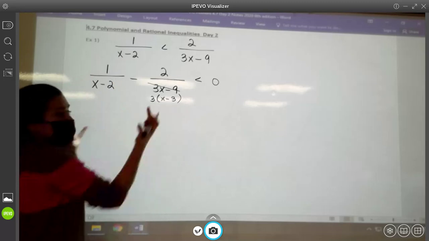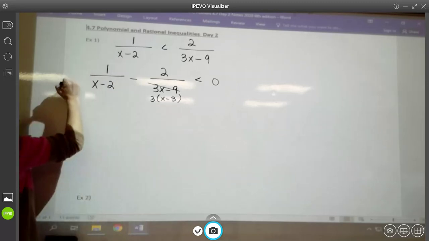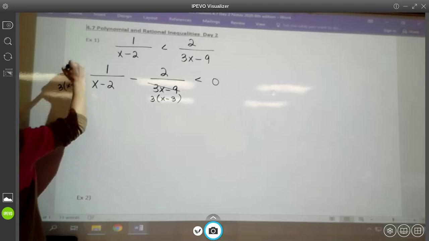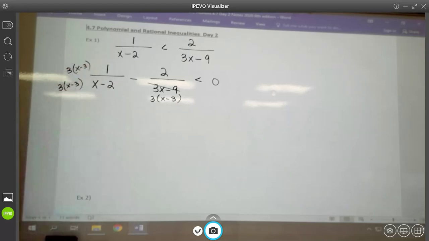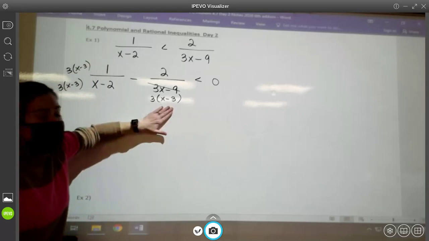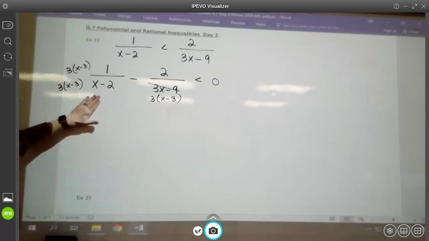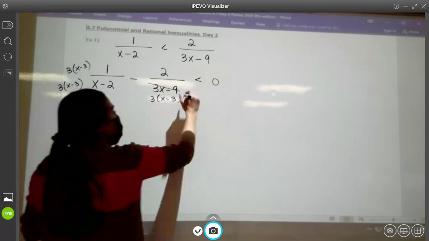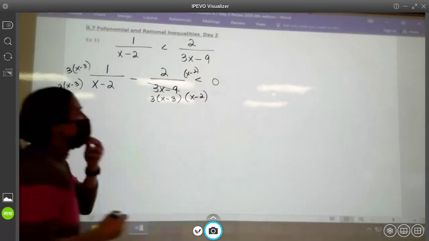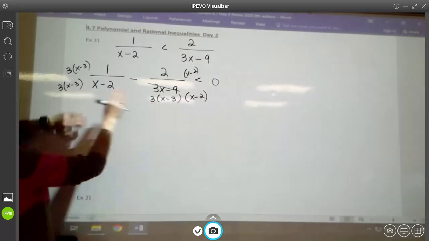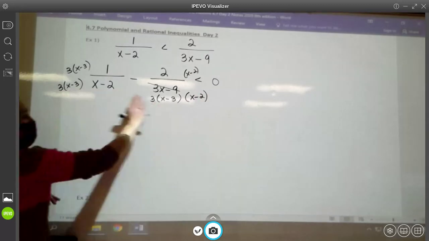He needs factors of 3 and x minus 3. So I have to times top and bottom of this fraction by 3 and x minus 3 to make them common. What does this denominator need a factor of to look like this denominator? He needs a factor of x minus 2. So I have to times top and bottom of this fraction by x minus 2. And then we'll have a common denominator of 3 times x minus 3 times x minus 2.